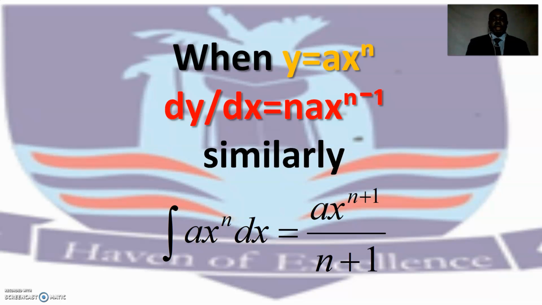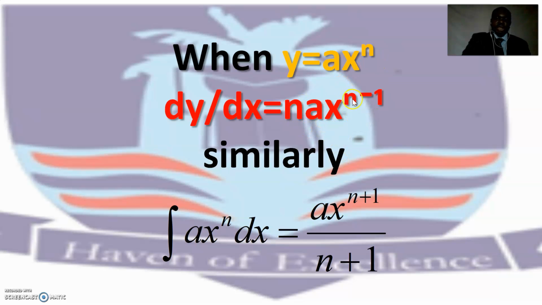So when you have ax^n, to get your derivative, it's going to be n multiplied by a, as you multiply the coefficient by the power and then you subtract 1 from the power. So for integration, you are trying to reverse this process.